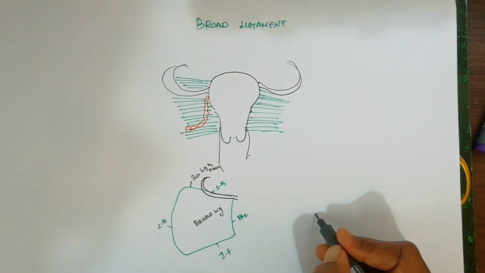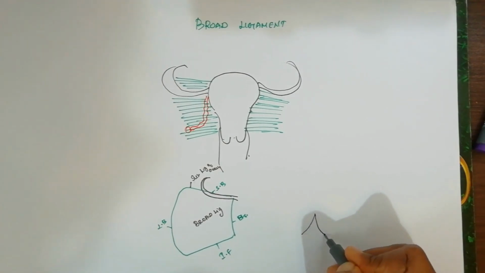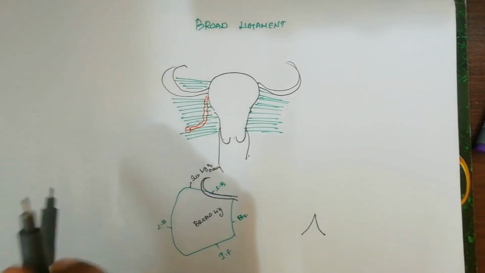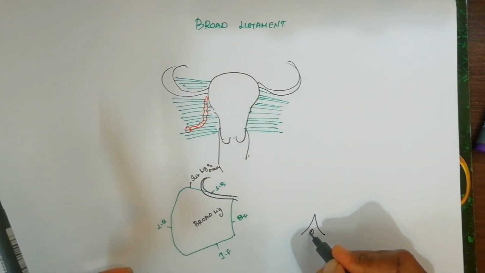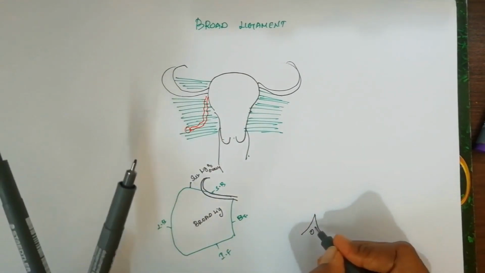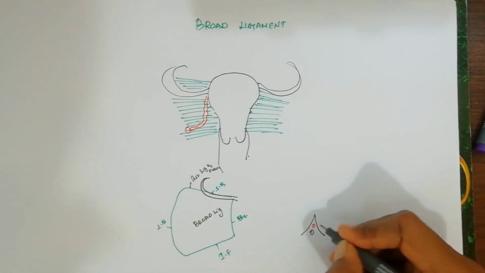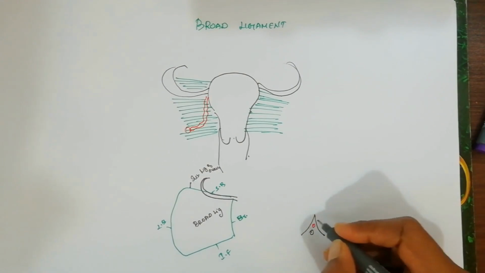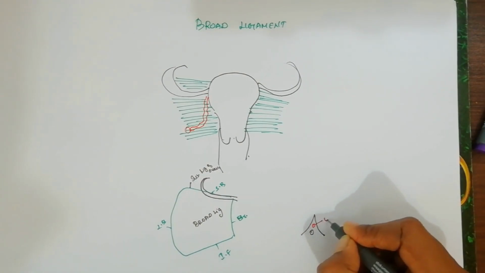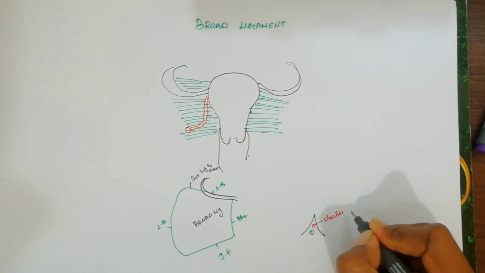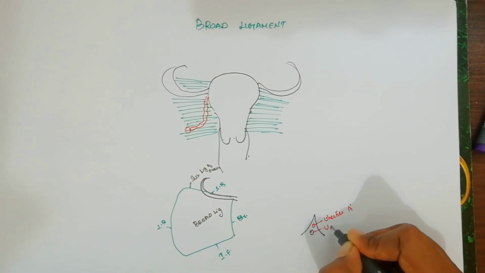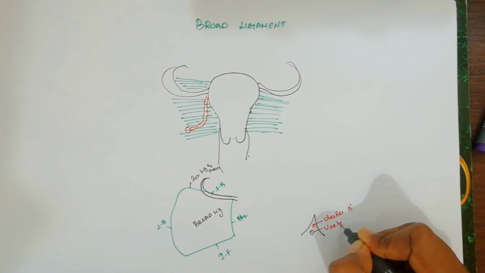This lower border will diverge, and after diverging we have got 2 structures passing through it: one is the ureter, another one is the uterine artery. So the inferior or lower border is getting diverged to pass the uterine artery with the ureter.